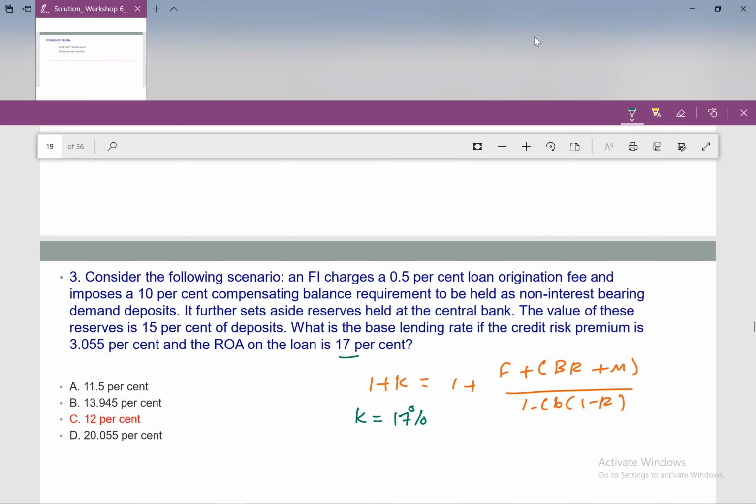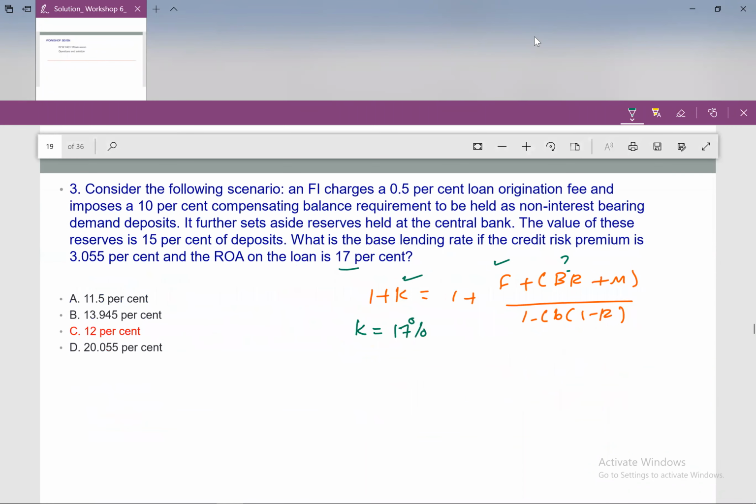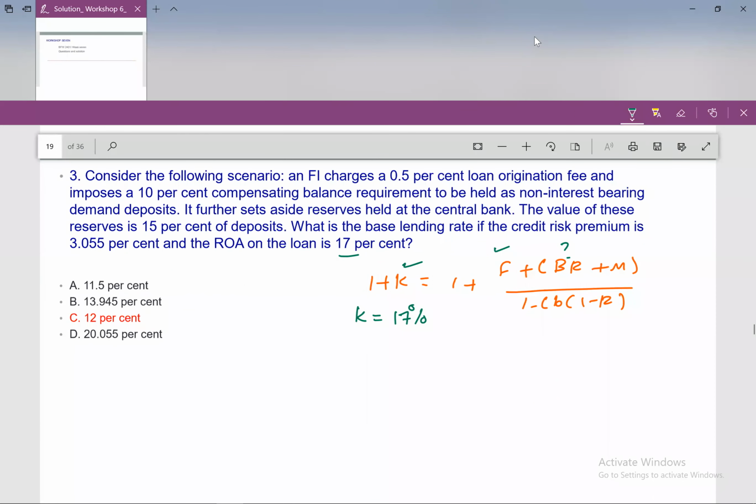And we know all of this except this one. So they want us to calculate the PR. And this could be given any time in the exam. I don't have also to ask you for the K. I can give you all those things and they say, well, I don't know how much the bank charged as a fee. Can you figure out? And then they give you all those things and you can figure it out. So actually in this example, you can say 17% according to this formula.